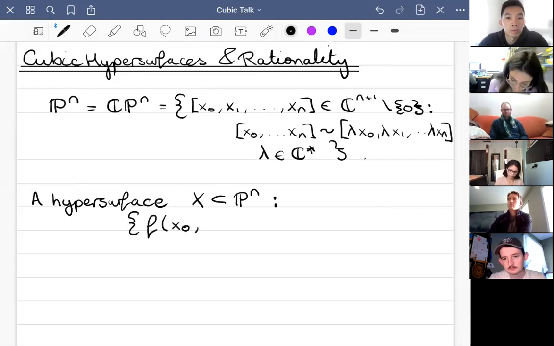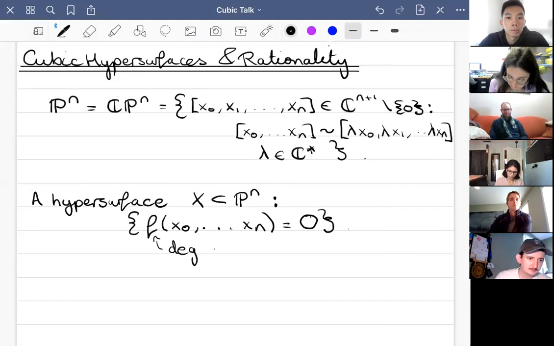So f is just a polynomial in variables x0 up to xn, and we're just setting this to be 0.